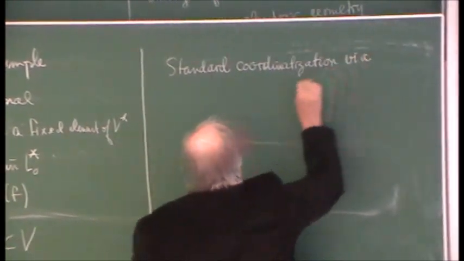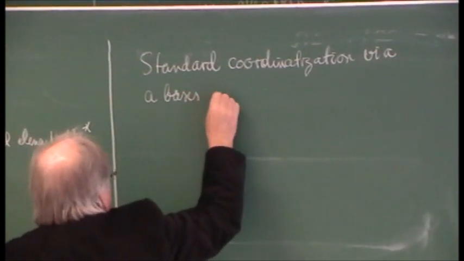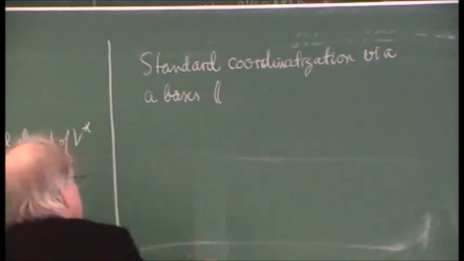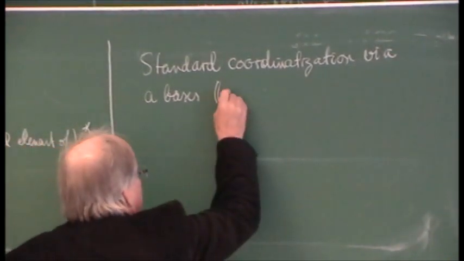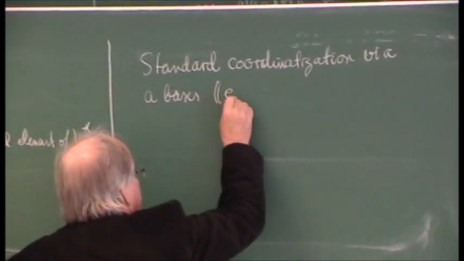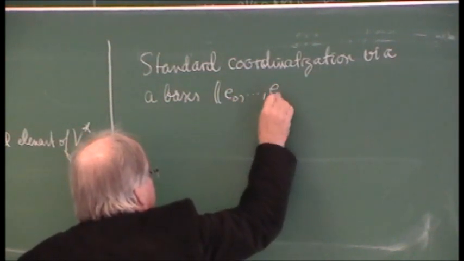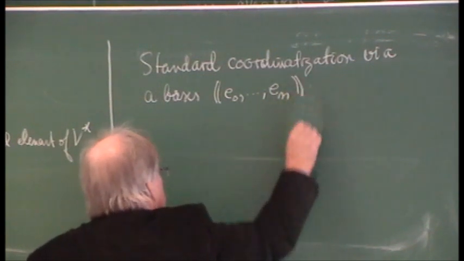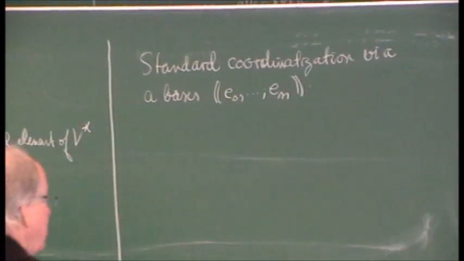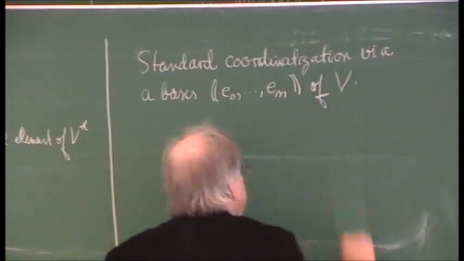My notation for an ordered basis is this kind of bracket. And here, for a reason you will see in a minute, I'm going to take this vector space to be n plus 1 dimensions. So this is a standard basis of V.